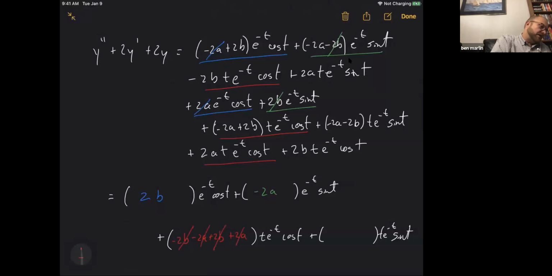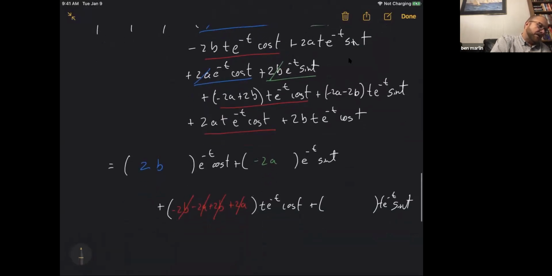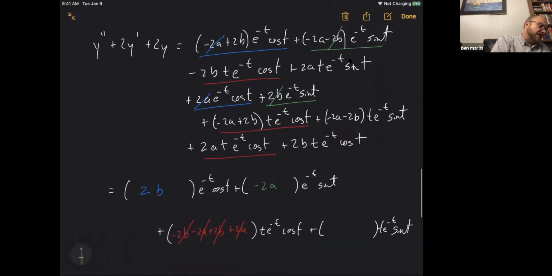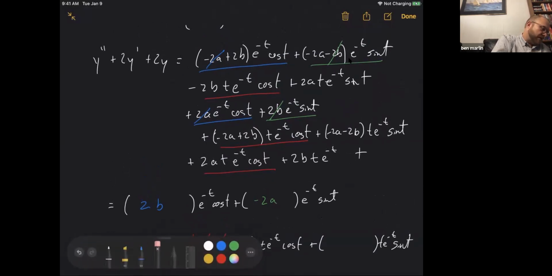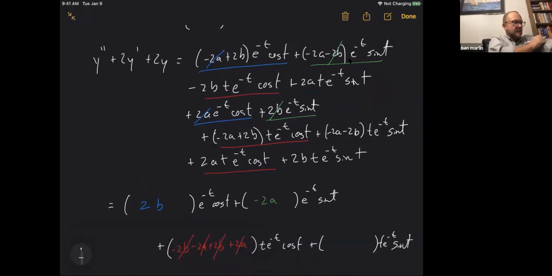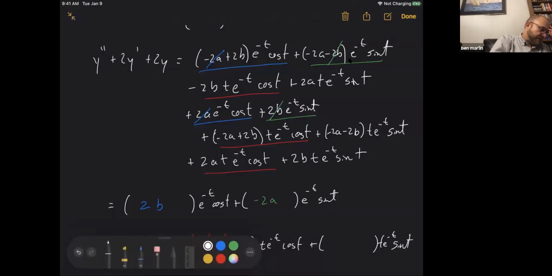Now we need to do the ones for the t e to the minus t sine t. And I am noticing that I had a typo way back here that is easily detectable because of the way we did our bookkeeping. All right.